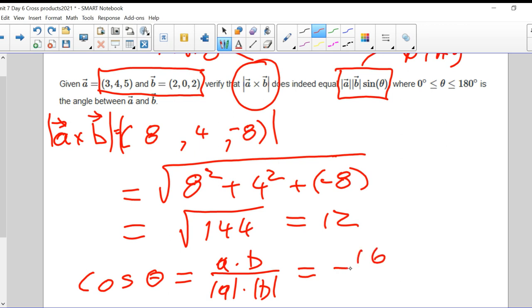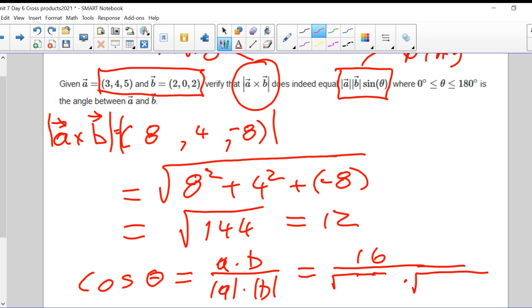So 16 on top. Now we have to find the magnitudes of those two vectors. Remember, you can always find the angle between two vectors if you have the vectors.